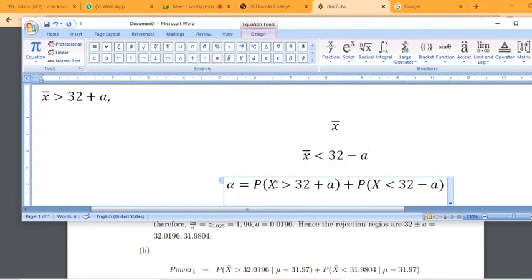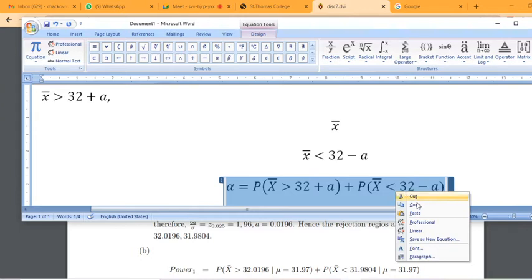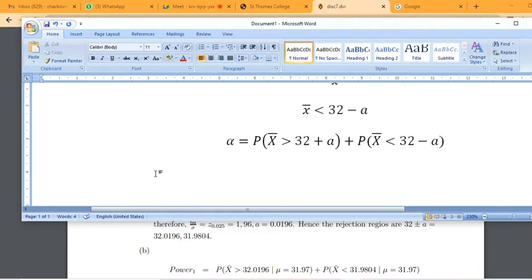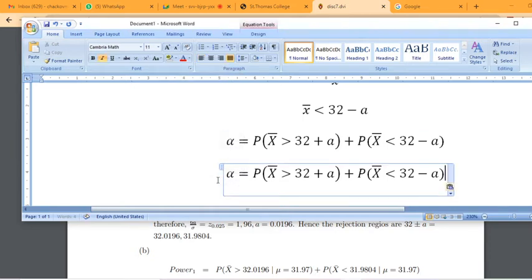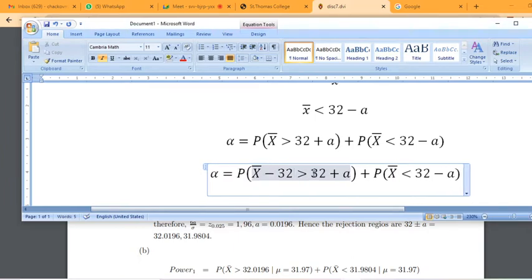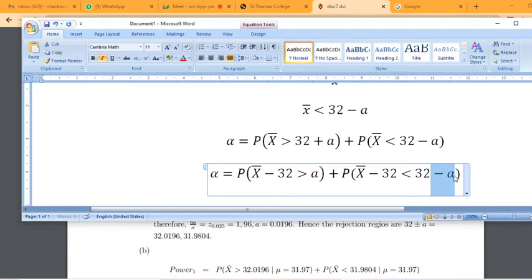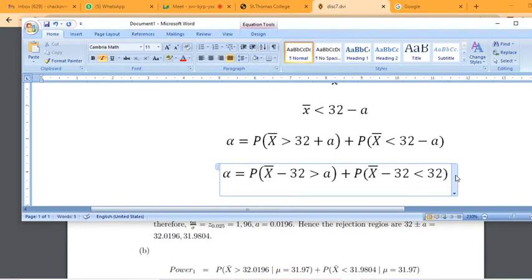Okay, what will be the next step? We can subtract 32 on both sides. So this will be the next step.